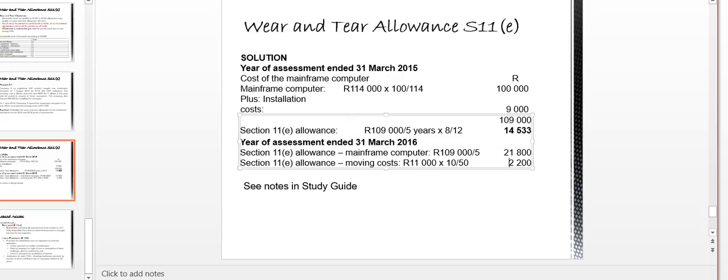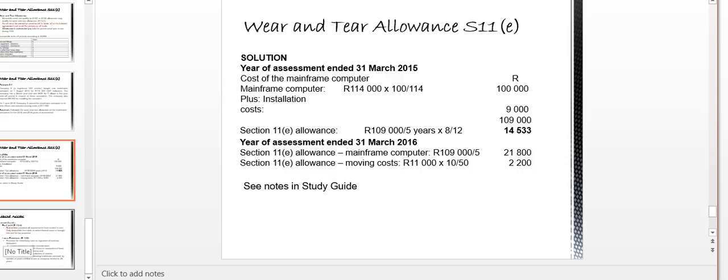So that's a 5-year period. So in other words, there's 50 months remaining on this. So we're going to take this moving cost and multiply it by 10 months for the current year, divide by 50, which is the remainder time. So that then gives you a Section 11E allowance on the moving cost of 2,200 Rand.